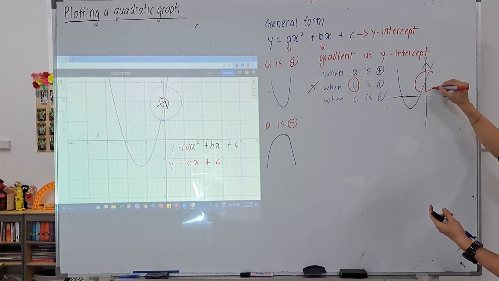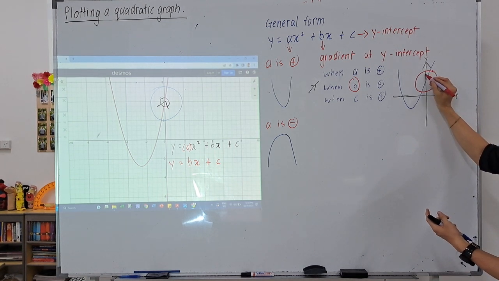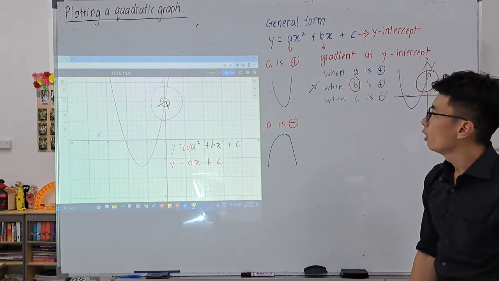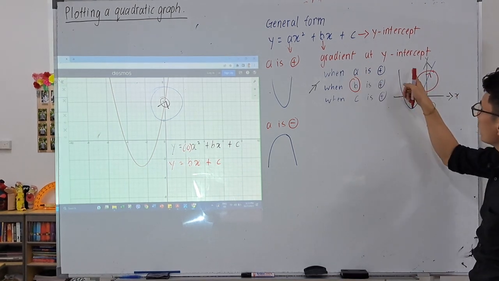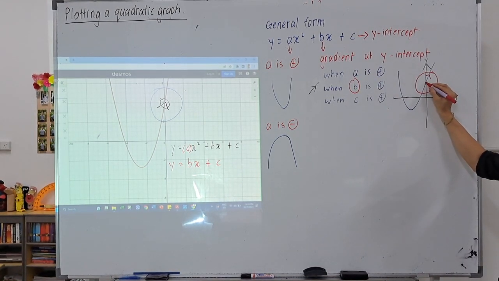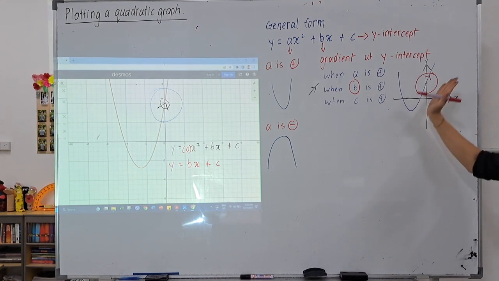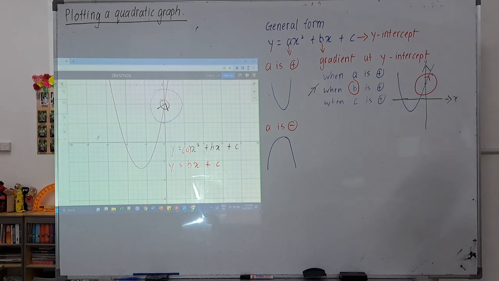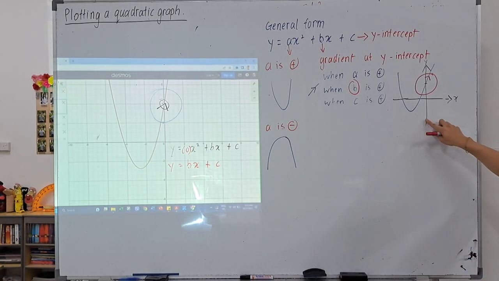In this zone, you can see the line is going upwards, which indicates a positive gradient. It is the gradient at the y-intercept, and remember this is our y-intercept over here, and it's cutting the positive part of the y-axis. Okay, so that's the value of B.